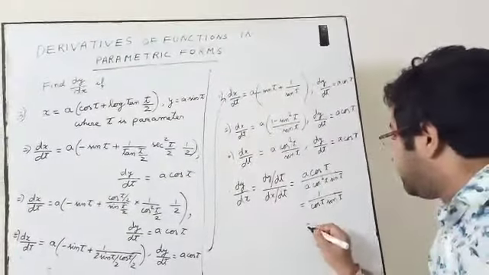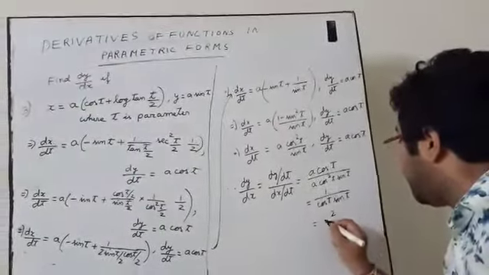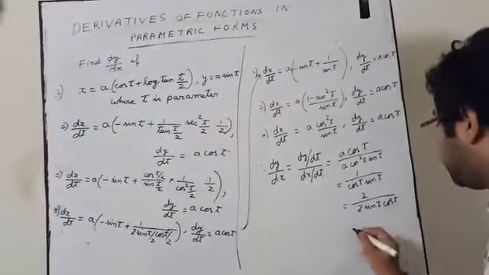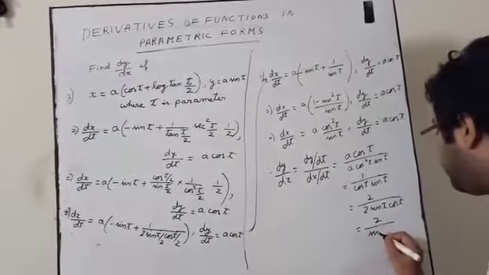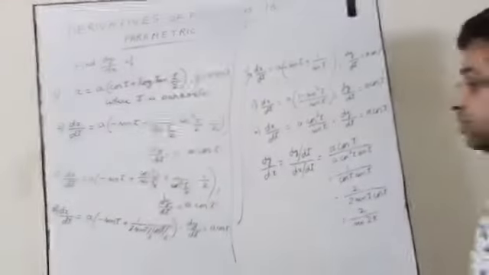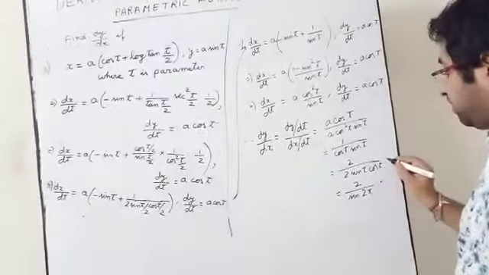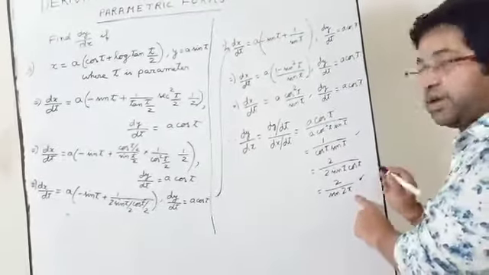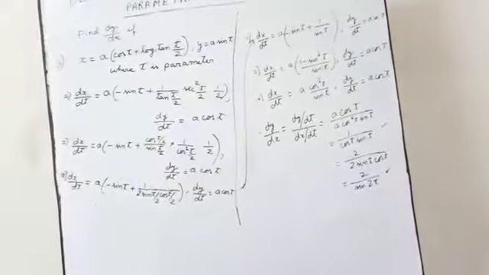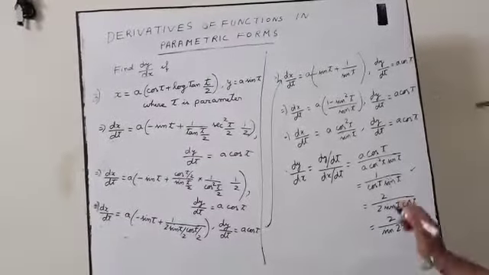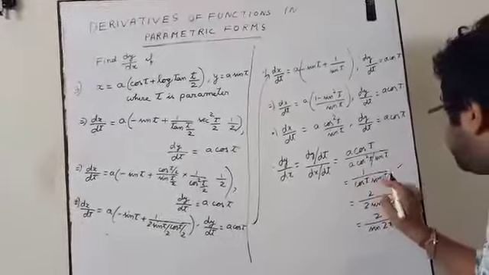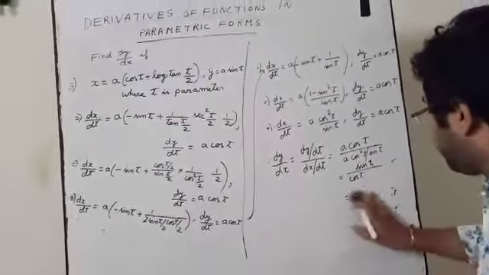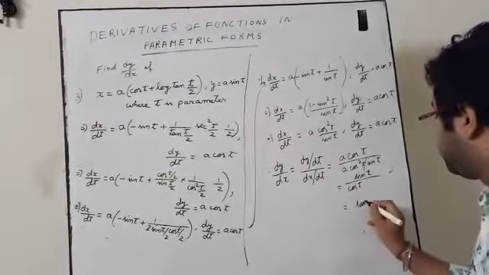Now this can be written as 2 by 2 sin t cos t, I can write it, or not? That means we can use it as 2 by sin 2t. So we can proceed up to here also, that's up to you. Okay. So this will be sin t over cos t, so sin t will go above. So this will be tan t. Okay. This will be tan t. Please type it.